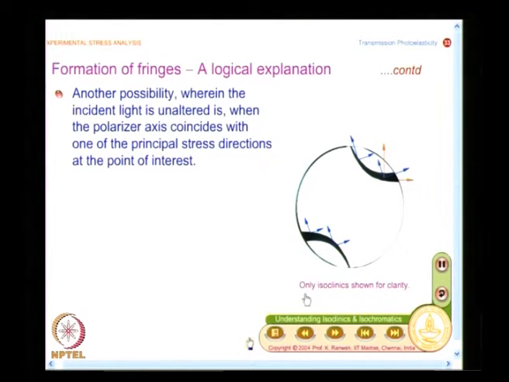And here again only isoclinics are shown for clarity, and in fact, there is no unique optical arrangement which would provide only isoclinics. You have an optical arrangement which will filter out isoclinics and show isochromatics, which is possible.